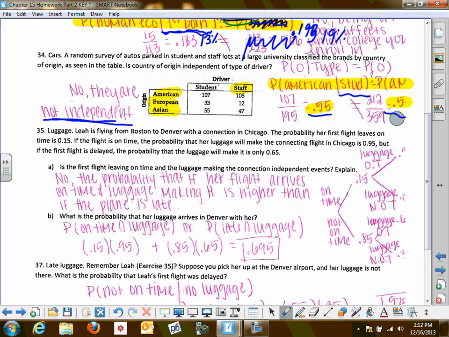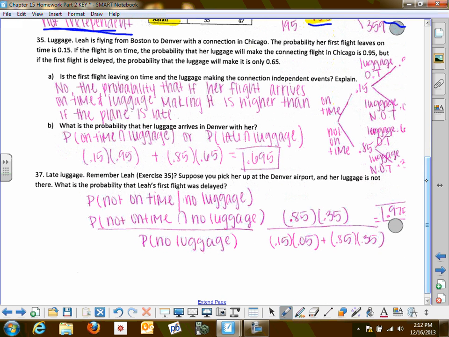All right. Now, I want to do number 35 from the beginning with you. Here's the deal. Number 35, and here's what should happen. In your brain, you are reading this, and you come across more than one if-then statement. If you have more than one if-then statement, you have more than one conditional probability, and then you need to organize it as a tree diagram.